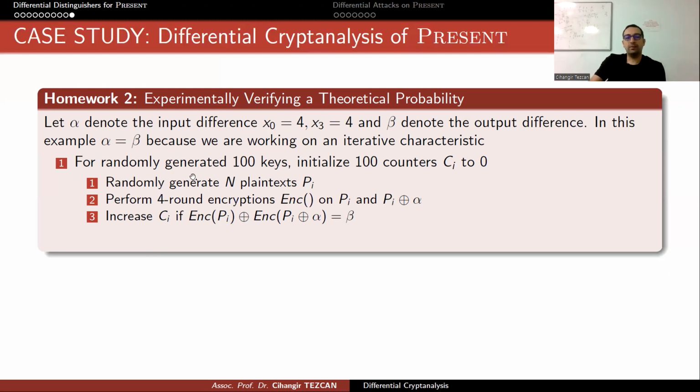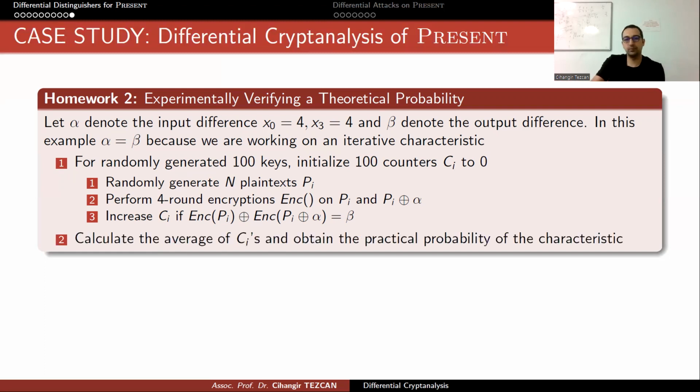Here I'm doing it for 100 random keys because maybe this characteristic just by chance works better for a specific key, right? This is why you should randomly choose your keys and look at the average. So calculate the average of the c_i and obtain the practical probability of the characteristic. Of course, your implementation doesn't have to be like this.